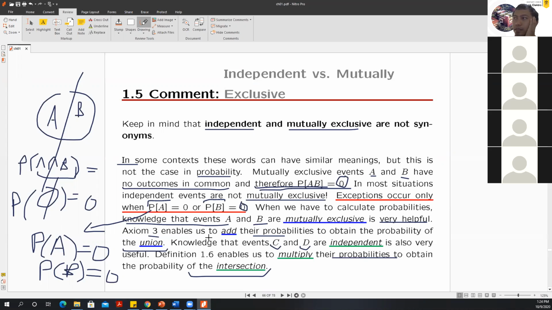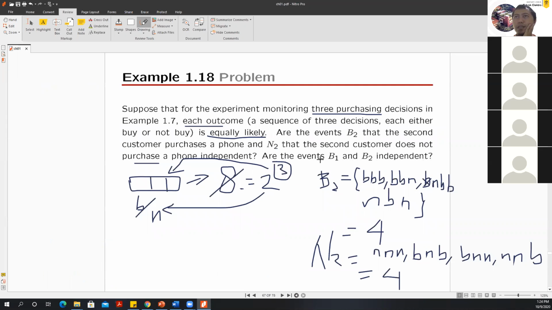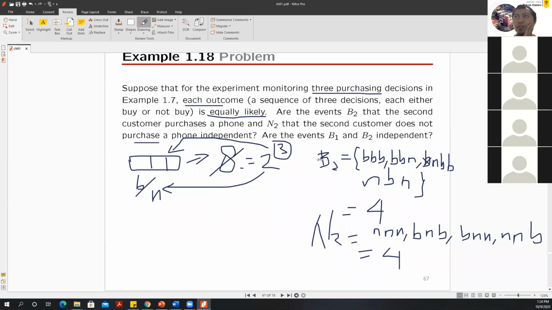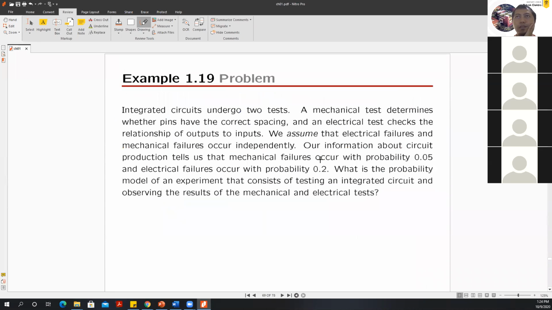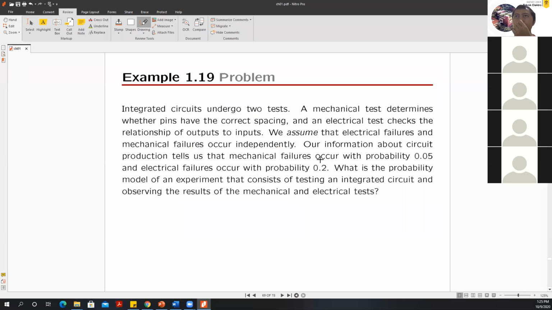In this case, the intersection between A and B is null. Something like that. Does that answer your question? But this is a very special case. Okay.